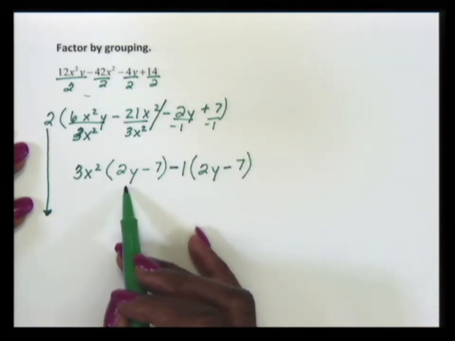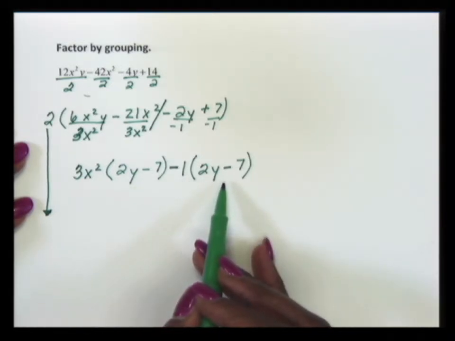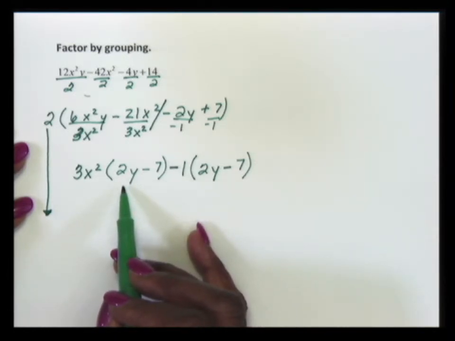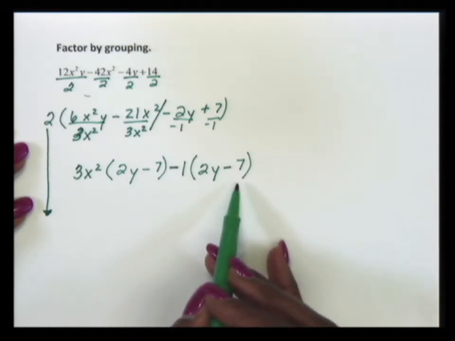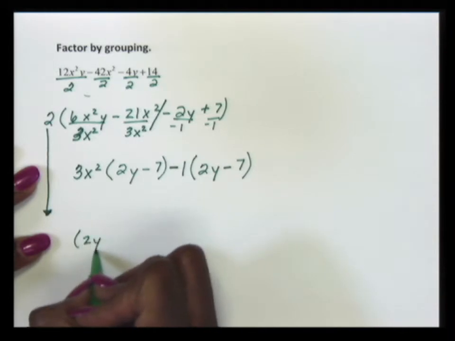At this point, the information in both sets of parentheses have to be exactly the same. Both sets of parentheses have 2y minus 7. That means that the greatest common factor at this point is the 2y minus 7.